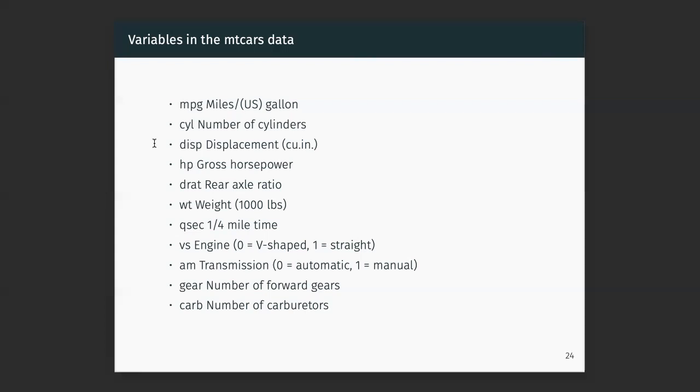MPG equals 30.1 minus what? 0.07. Okay. Our expected value for miles per gallon is 30 minus 0.07 times horsepower.